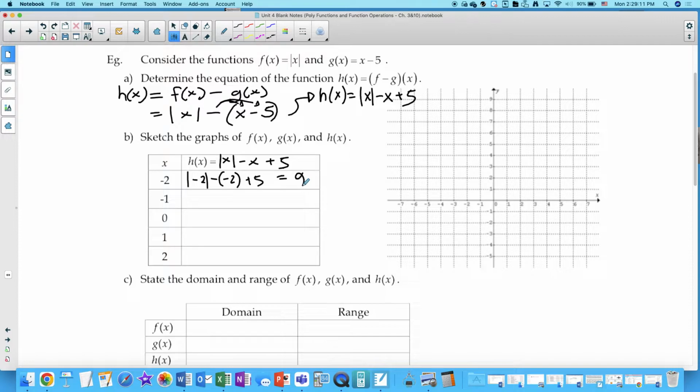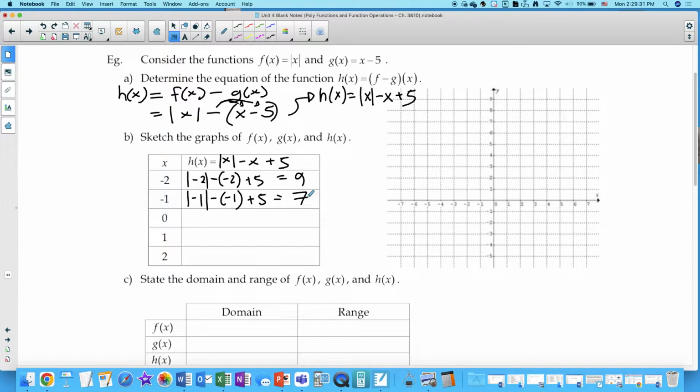Okay? Here, this will be the absolute value of negative 1 minus negative 1 plus 5. 7, yeah, because 1 plus 1 plus 5 is 7.